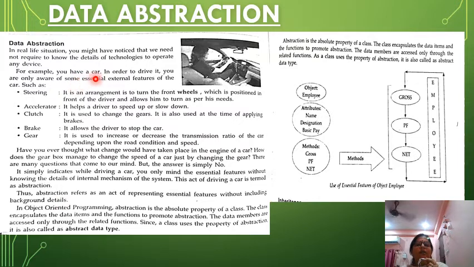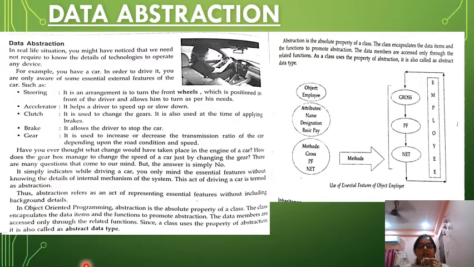For example, if we have a car, in order to drive it you are only aware of some essential features of the car such as steering, accelerator, clutch, brake, gear. We don't know about the machinery going on inside the car which makes all these things work. We only know the steering, accelerator, clutch, and so on, and we operate the car with those only.